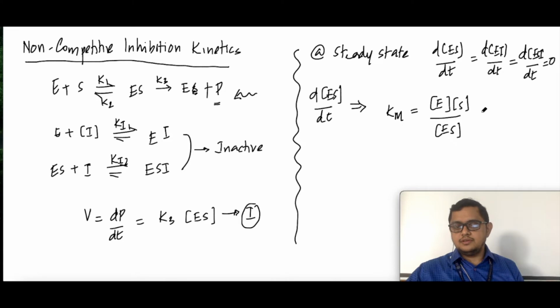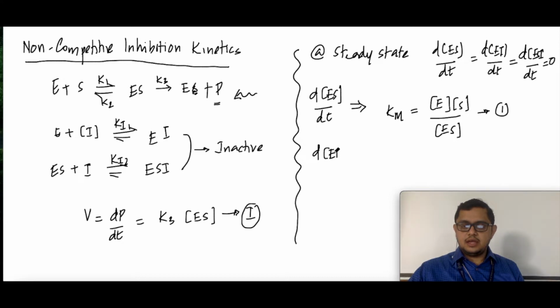So, you can say this is equation number 1. Similarly, if I calculate dEI by dt, from this equation we arrive at Ki1 is equal to E into I by EI. This is equation number 2.